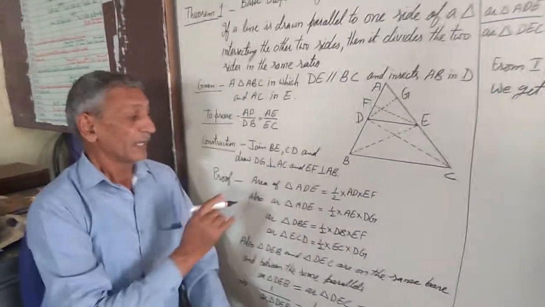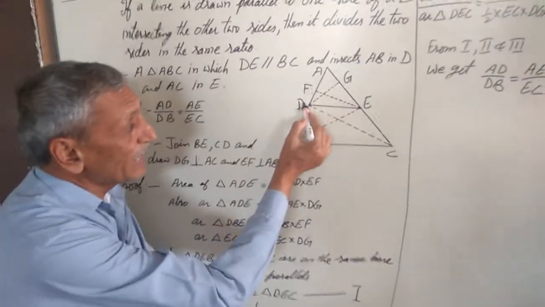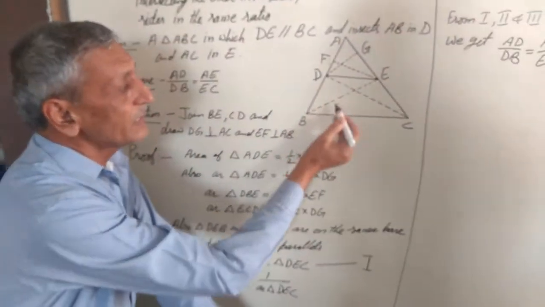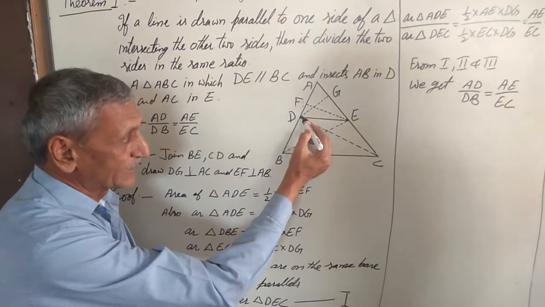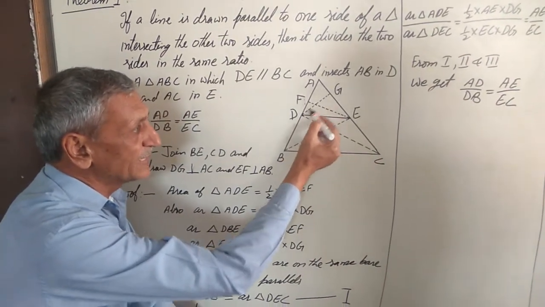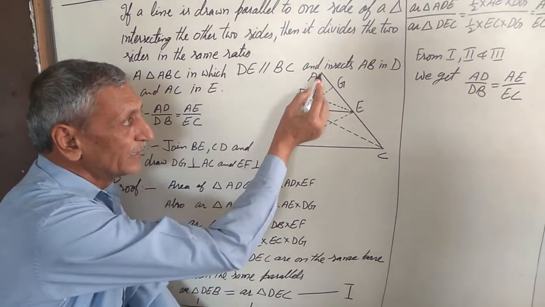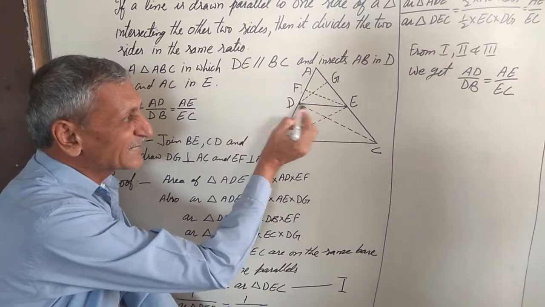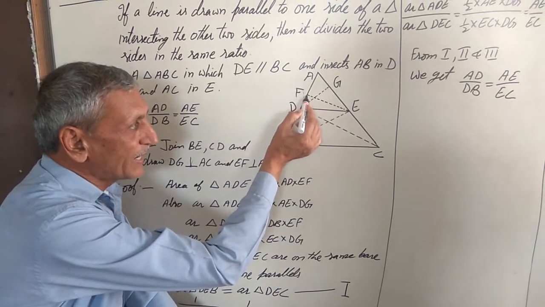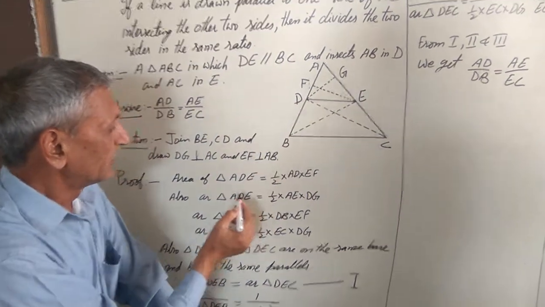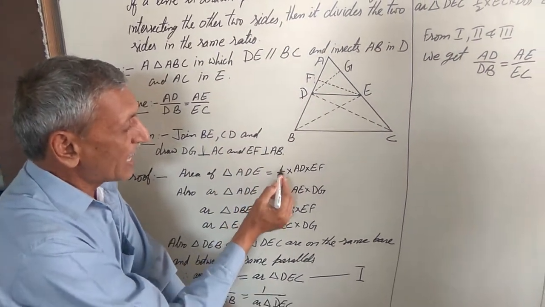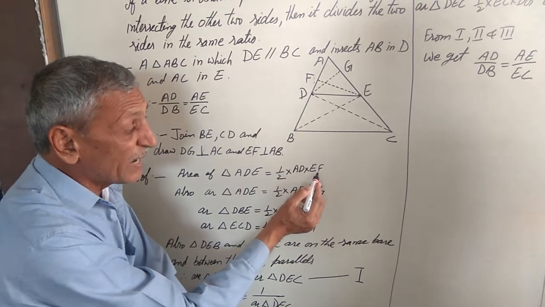So, area of triangle ADE. See, there are two perpendiculars. One is EF, the other one is DZ. When you look from this side, AD becomes the base and EF becomes the height, and therefore the area of triangle is half into AD into EF.